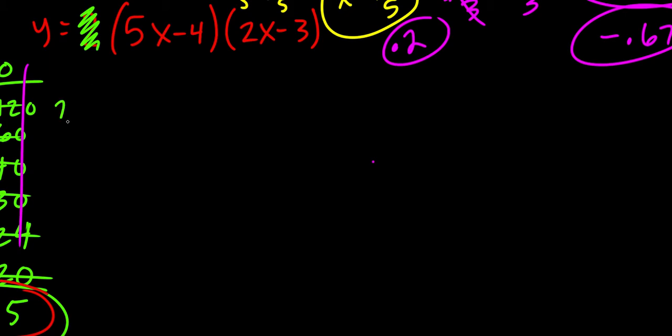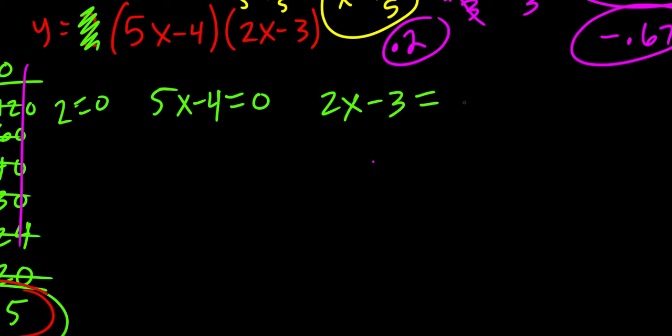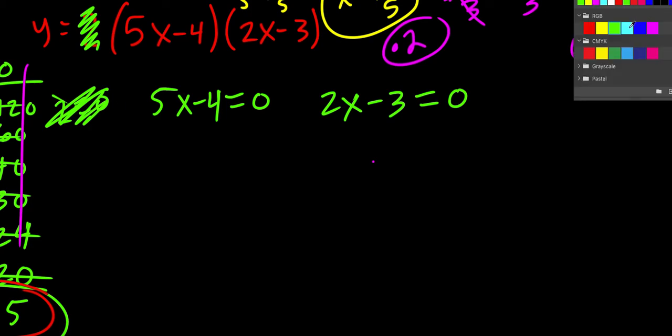We would say 2 equals 0, and 5x minus 4 equals 0, and 2x minus 3 equals 0. 2 equals 0 is false, so we just throw that out. Now we're just going to go through the algebra real quick.